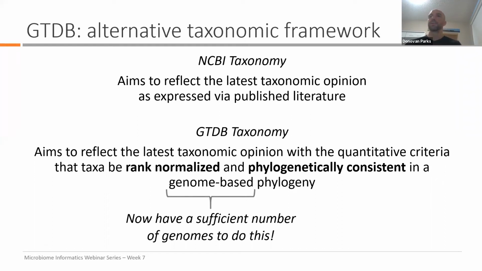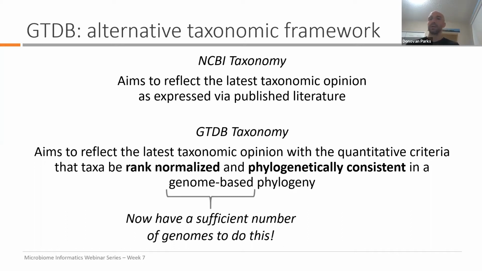And the GTDB takes a different view on that, where we aim to, of course, reflect the latest taxonomic opinions, but we're also trying to build a more quantitative framework. So we have quantitative criteria that taxa need to be rank normalized, which I'll explain later on in this lecture, and that we should actually infer a tree and make sure that taxa are monophyletic or phylogenetically consistent on this tree.